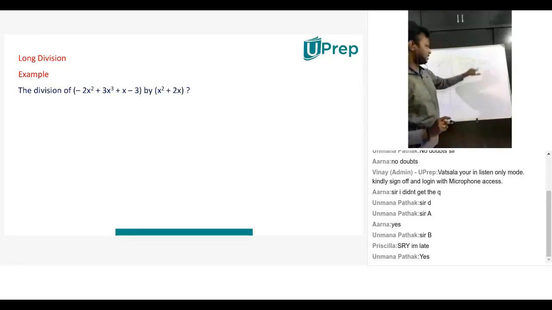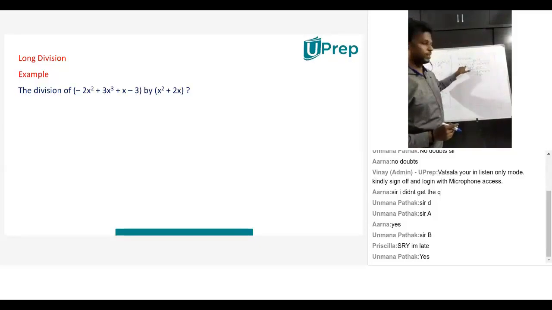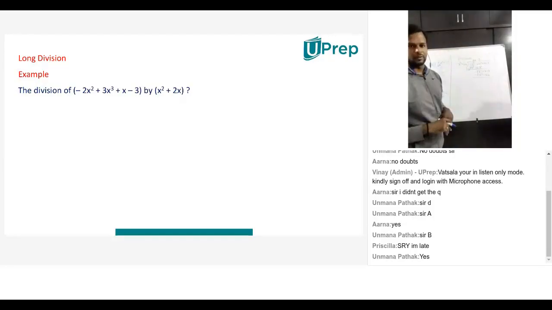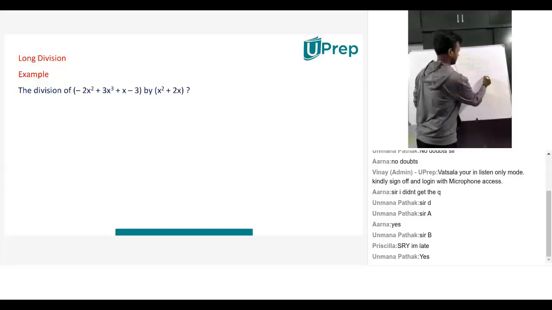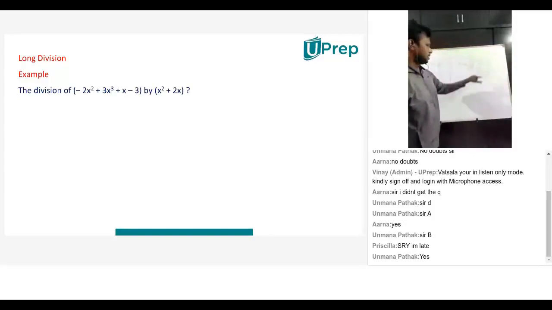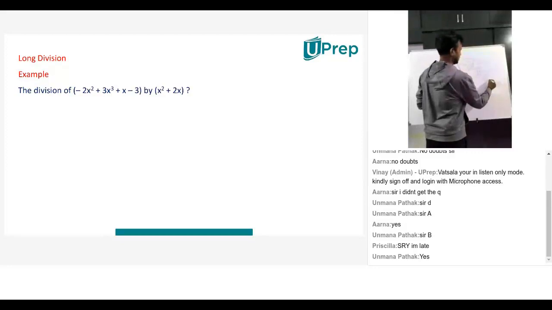When I multiply with minus 8, minus 8 into x square will become minus 8x square, and minus 8 into 2x will become minus 16x. Now when I subtract, what will happen? This minus will become plus and this minus will become plus when I subtract. So this is minus 8x square and this is plus 8x square. So this becomes 0, so I'll cancel it out. And then x plus 16x is 17x and then a minus 3.